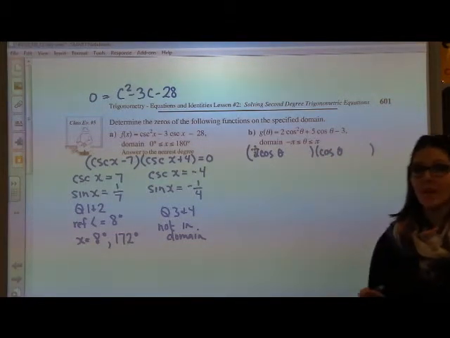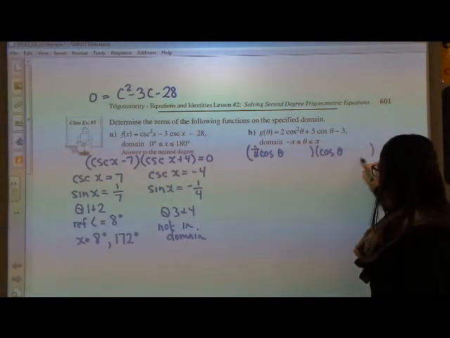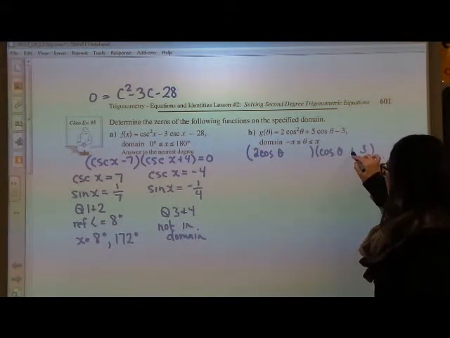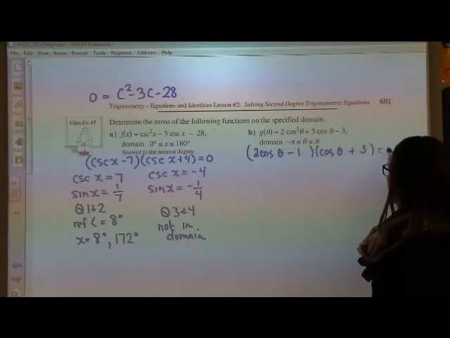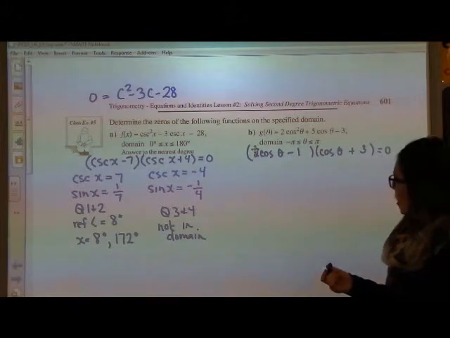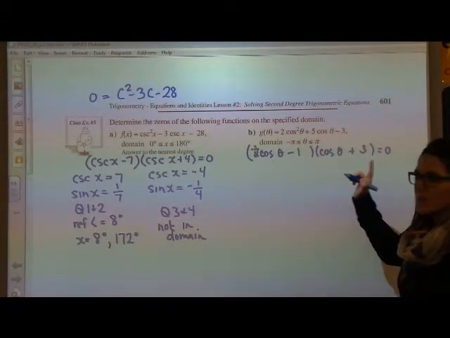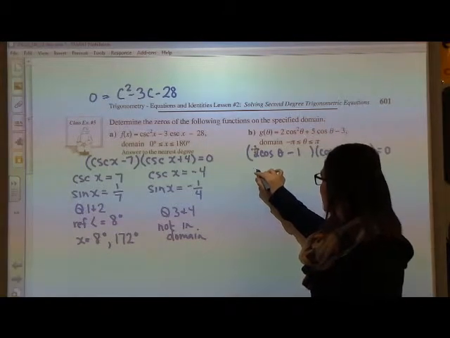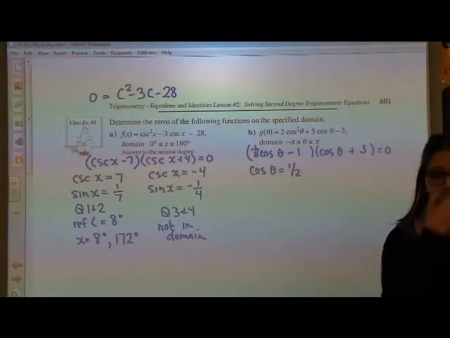To get the 3, it's going to have to be 3 and 1. But to get this 5 in the middle, I'll need to make this a positive 3 to get my positive 6, and then my negative 1. So now when I go through, are we past this point? So 2 cos theta minus 1, if I let that equal 0 and isolate, I get cos theta equals 1/2.